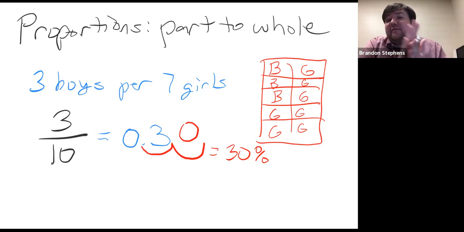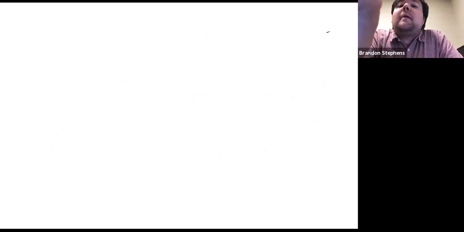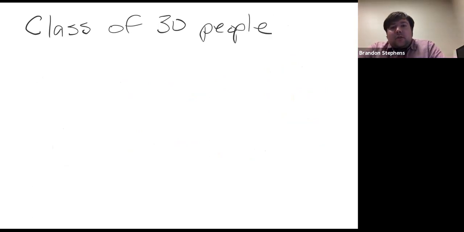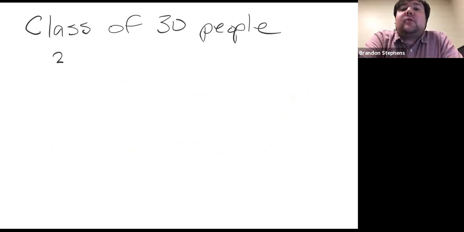Percentages are actually very handy to work with, and proportions in general, because you can quite easily expand them. So in a typical class, there's not going to be 10 people, maybe there's 30 people. So let's say this is a class of 30 people, where you have that ratio, 3 boys to 7 girls.